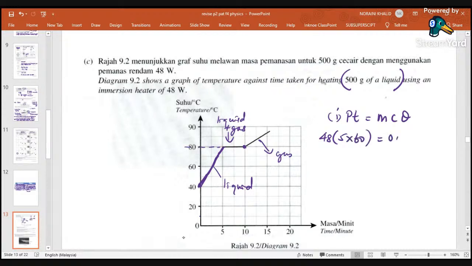Mass convert to kilogram. Change in temperature is 80 minus 40. So you will calculate for c. Use calculator to calculate. You should get 720 J kg^-1 °C^-1. This one is the specific heat capacity for the liquid.